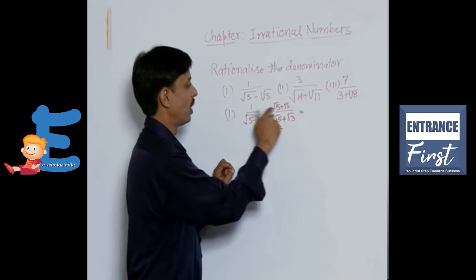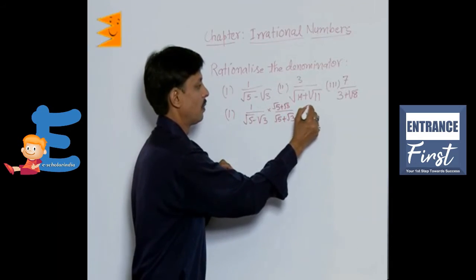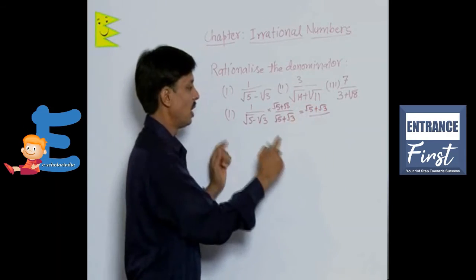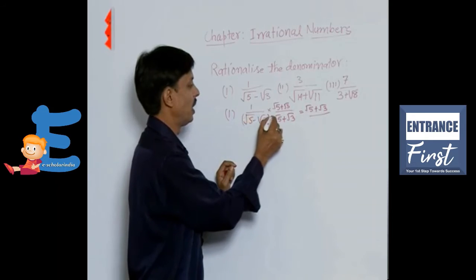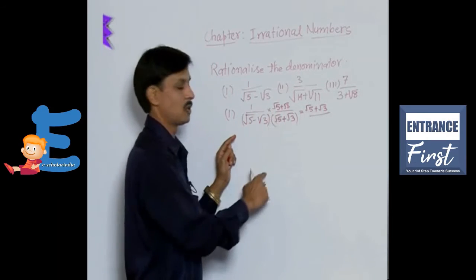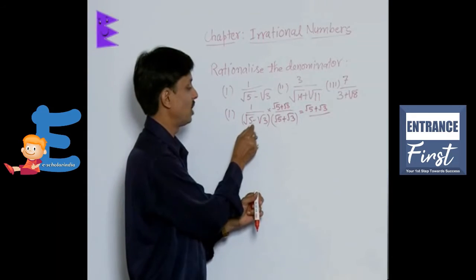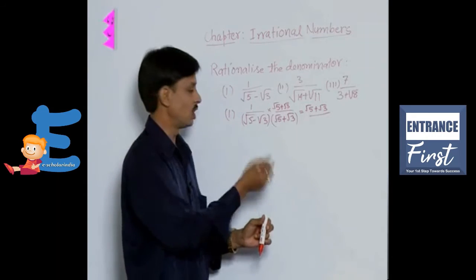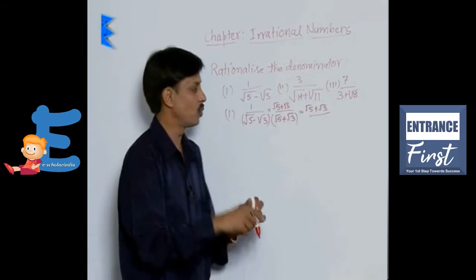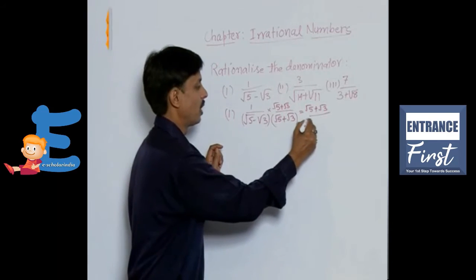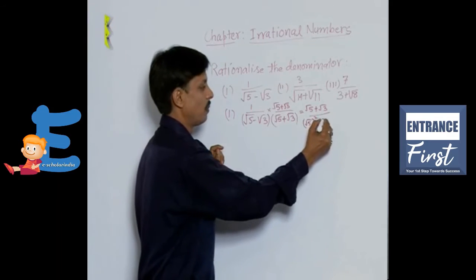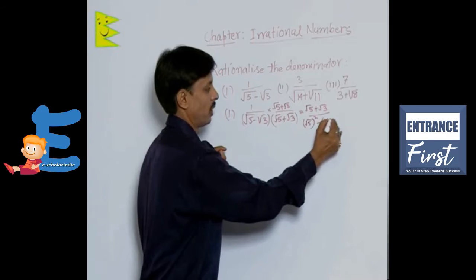Now numerator: 1 into root 5 becomes root 5, plus 1 into root 3 becomes root 3, upon, in case of the denominator, you can observe it is a minus b into a plus b. I am taking root 5 as a, root 3 as b. So this becomes a minus b into a plus b, algebraic identity a square minus b square. A square means root 5 whole square minus b square means root 3 whole square.